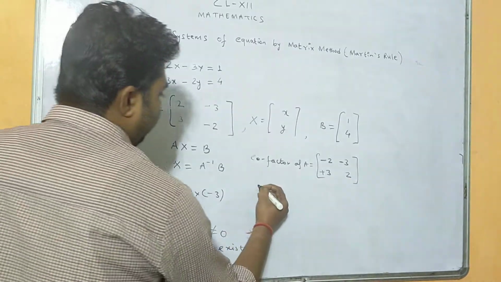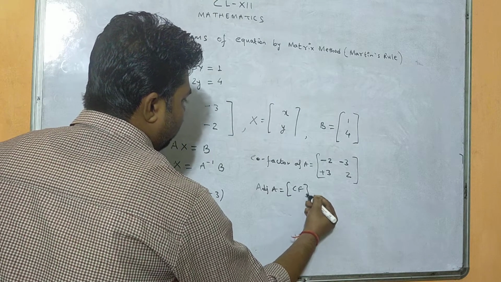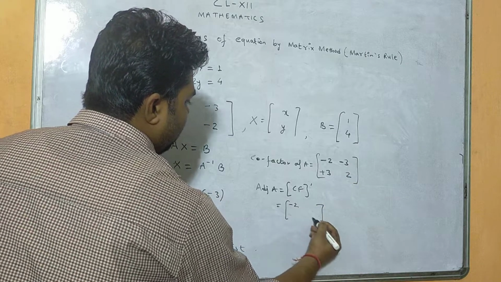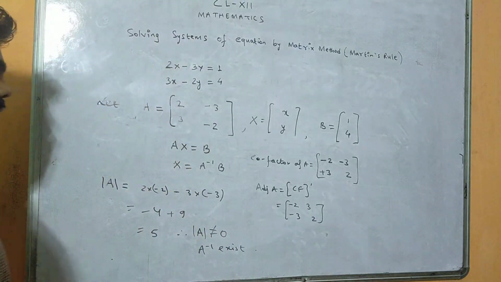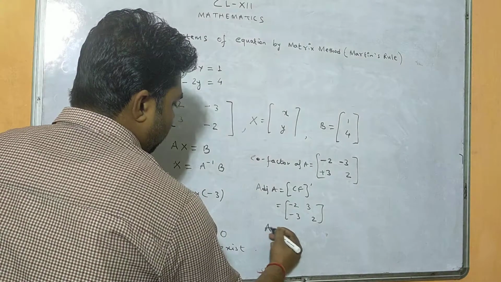After getting the cofactor, we will find adjoint A. Adjoint A means the cofactor transpose. So the cofactor is this one. If we do the transpose, the diagonal elements remain the same, and 3 and minus 3 will exchange their places. So we got adjoint A also. Now what will be our A inverse?